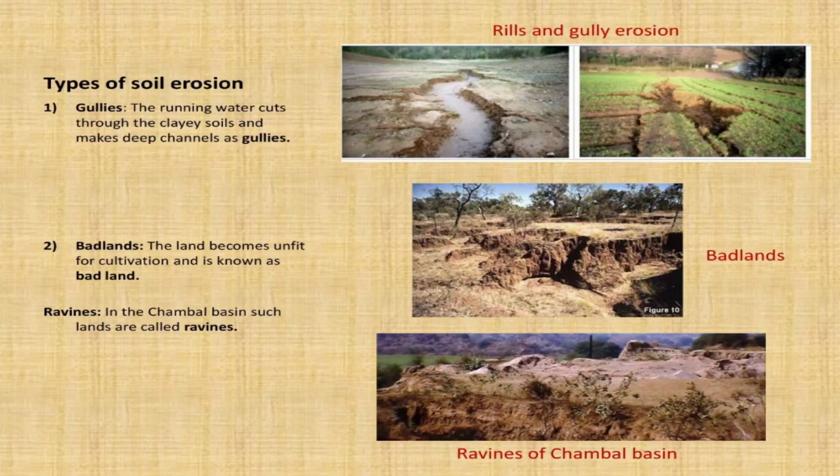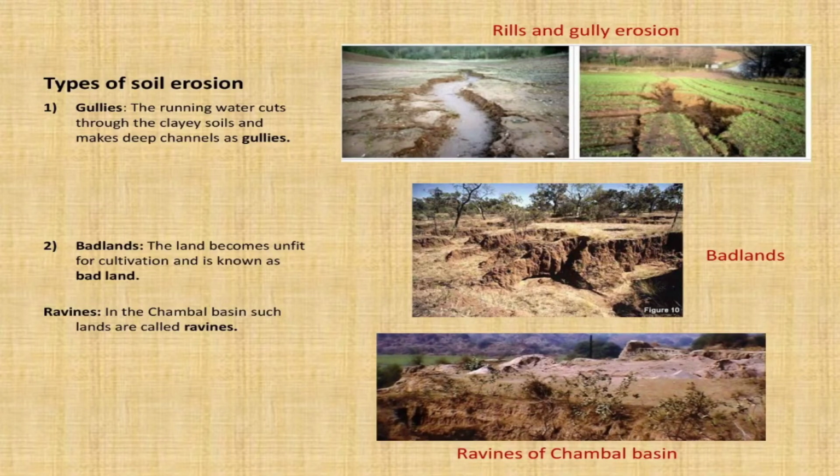Here, we can see rills and gullies, the erosion which is shown in this diagram. There are types of soil erosion. Number one is gullies. The running water cuts through the clay soils and makes deep channels, known as gullies.